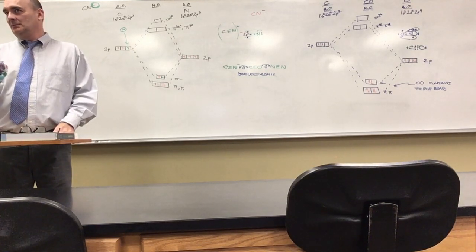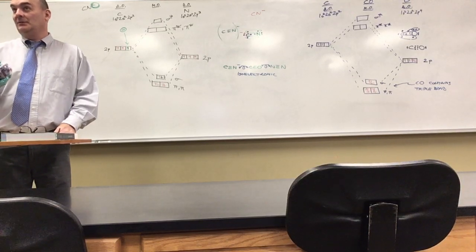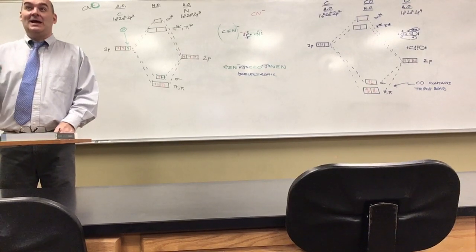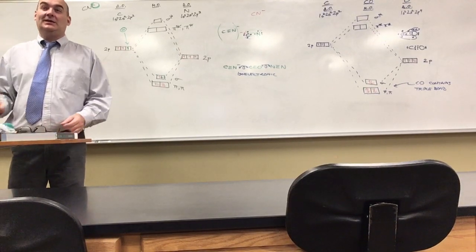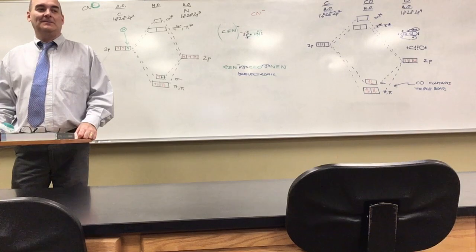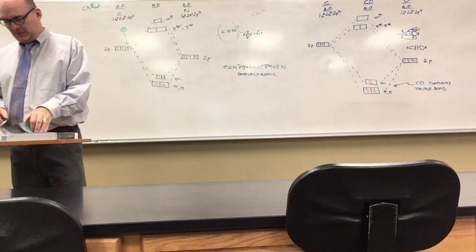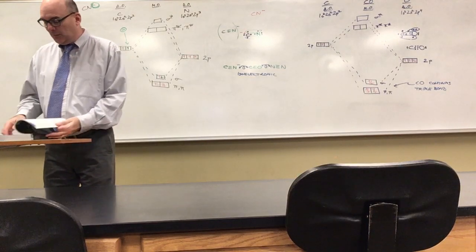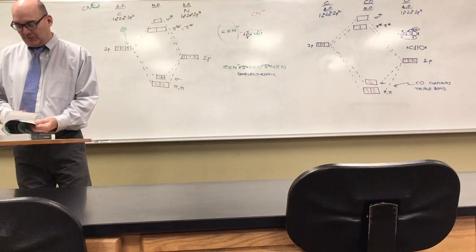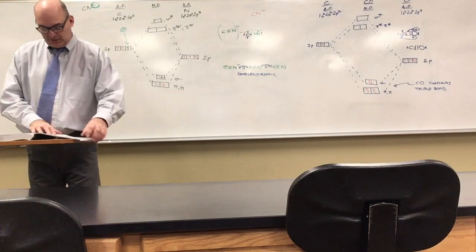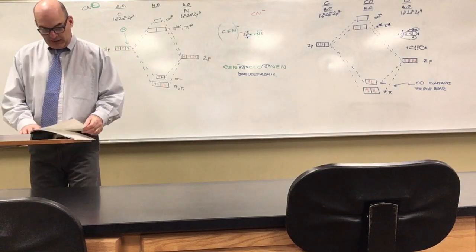I have balloons, because we need balloons to do valence shell electron pair repulsion theory. But if I blow them up now, and I've only got 10 minutes, then they're not going to last until Thursday. So I'm going to postpone valence shell electron pair repulsion theory and naming of the hybrid orbitals. I'm still looking at the book now.